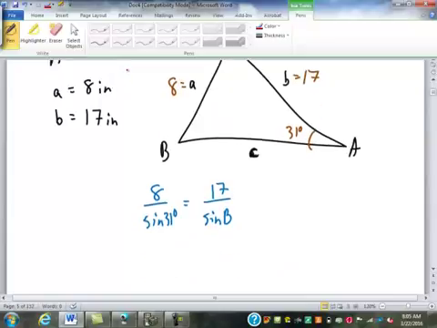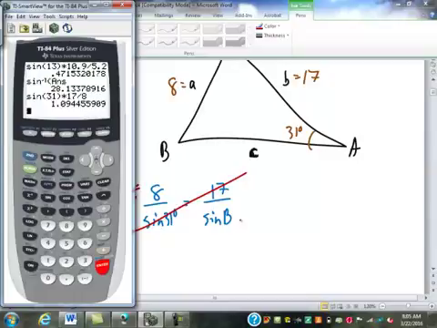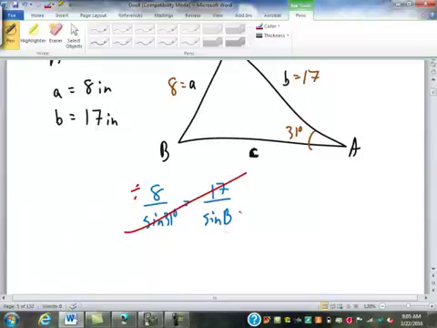We cross multiply and divide here. Sine of 31 times 17 divided by 8 is 1.0945.